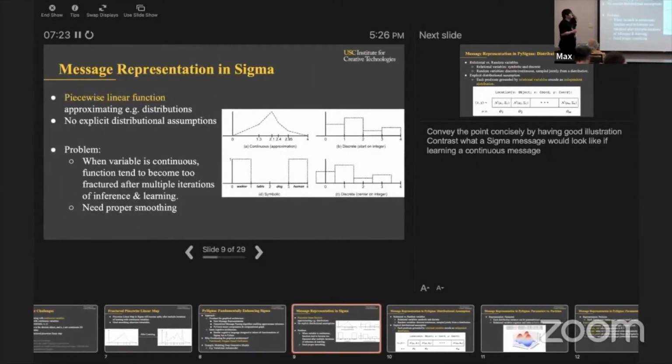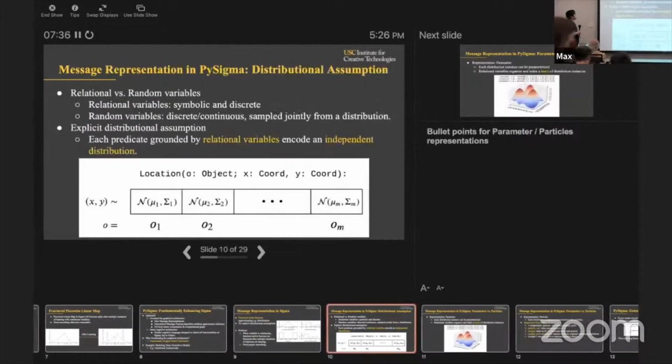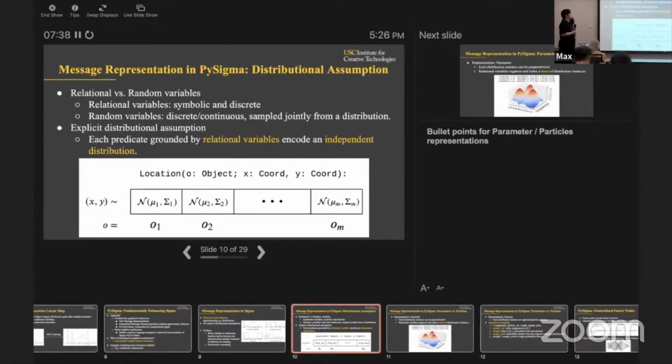All right, so now I'm going to go into the technical details of PySigma. So the first thing is about the message representation. Again, message representation in Sigma was done via piecewise linear functions, as you can see here. However, in PySigma, we are doing it completely differently. So we first distinguish the difference between relational and random variables.